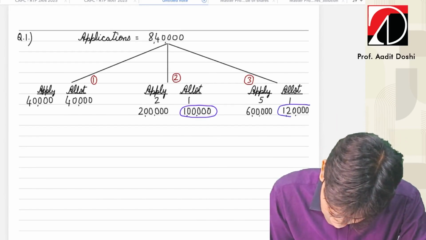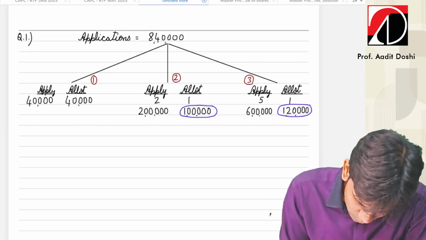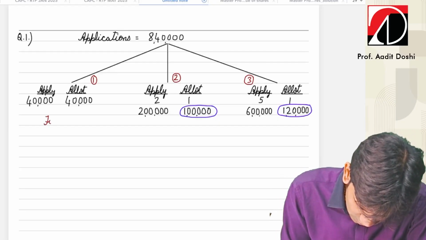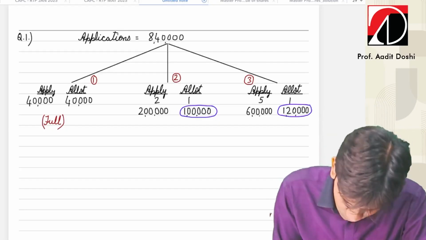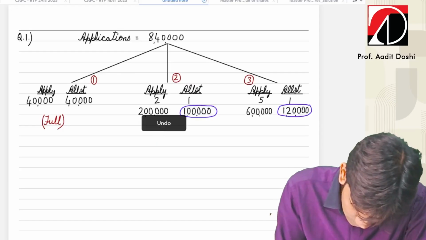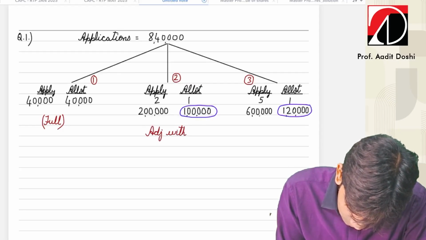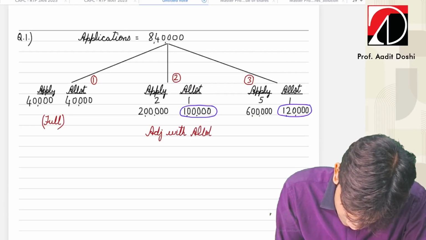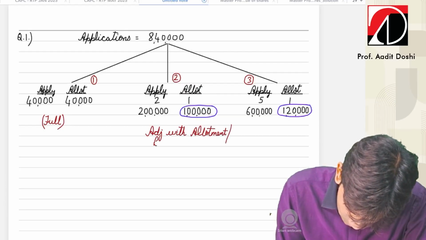This is cross multiplied. So what treatment have they told? This is the case of full subscription. Your extra application was adjusted with allotment, or we can say pro rata.